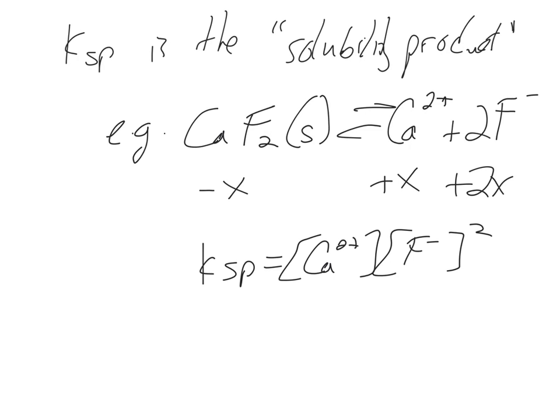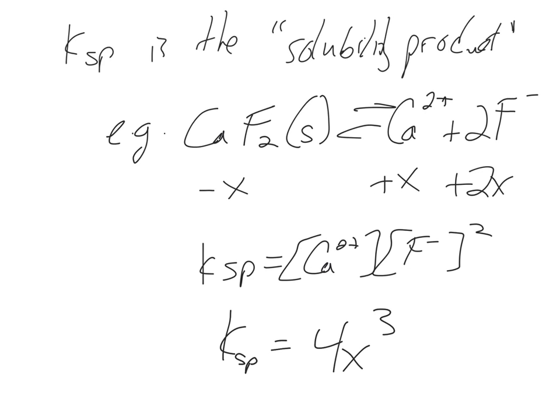Now the bad news is, once you plug and chug these x's, what do you end up getting for your Ksp expression? I should write little sp. 2x squared. 4x. Close. 4x cubed.